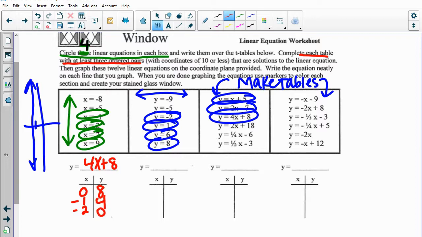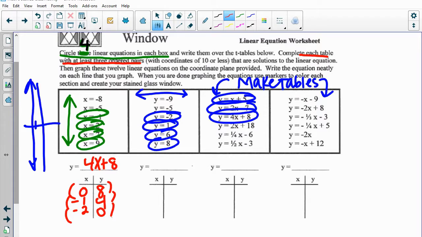And those will fit. Those 3 ordered pairs will fit on my graph and connect to make that line. So you got to choose wisely when you're creating your tables. When you pick your x's, they've got to generate y's that are between 10 and -10, or they won't fit.